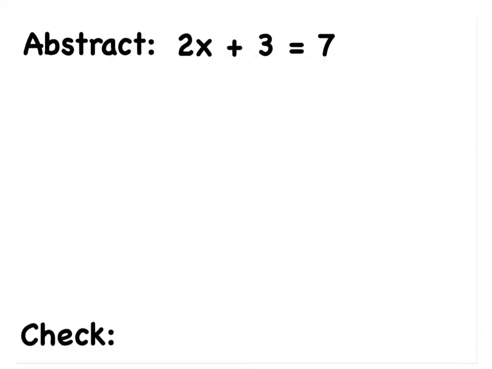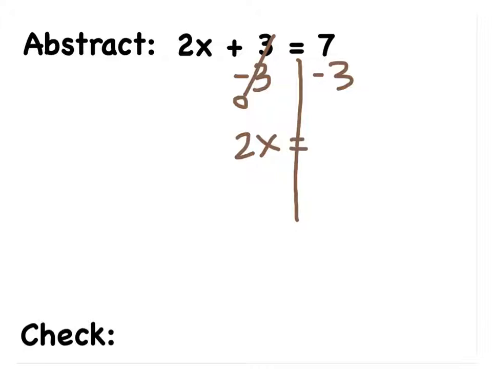Now, let's show that abstractly, meaning with our algebraic equations. Okay, so I'm going to draw my line. First thing I'm going to do is get rid of that 3 because I want to just have x's on one side. Positive 3 and negative 3 add up to make 0. But instead of writing 2x plus 0, I can just write 2x. On the other side, I have 7 minus 3, and that adds up to 4.